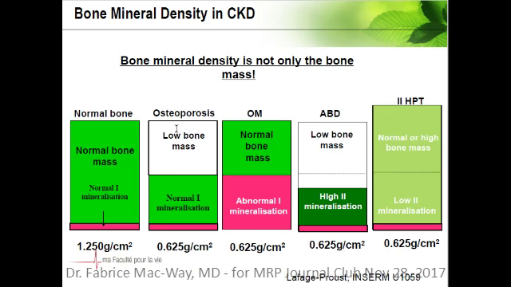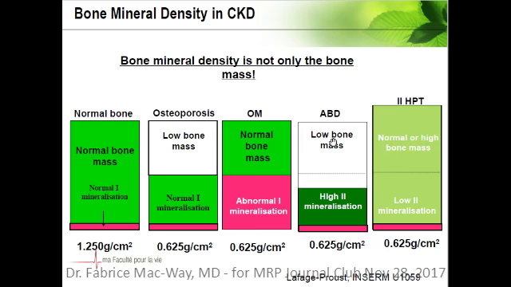You lose bone because you have high resorption. So if you lose half of your bone, then you have half of your bone mineral density. If you have osteomalacia, you have a normal bone mass, but half of your bone is not mineralized. So you'll have half of your bone mineral density.